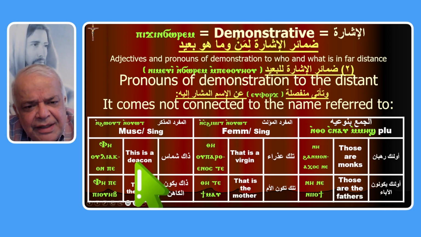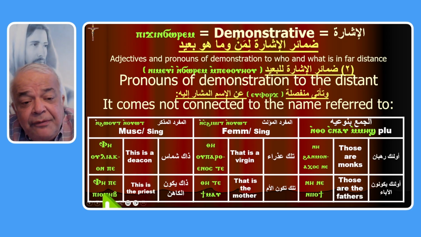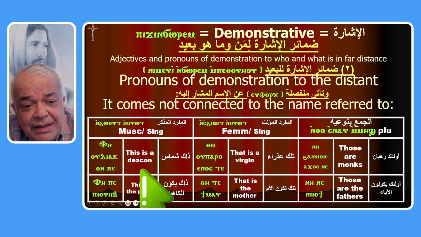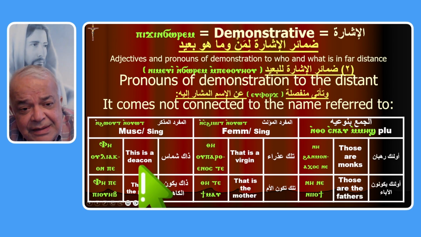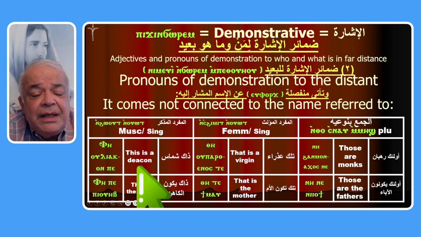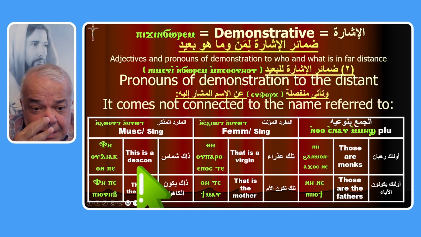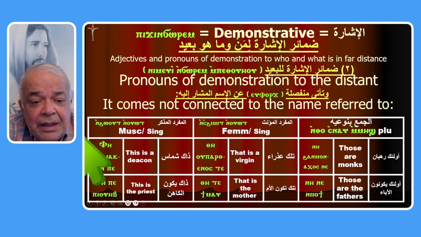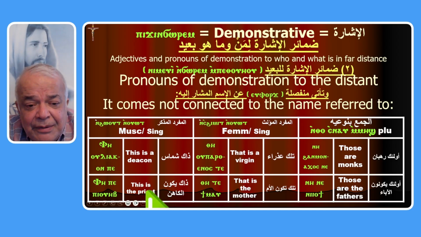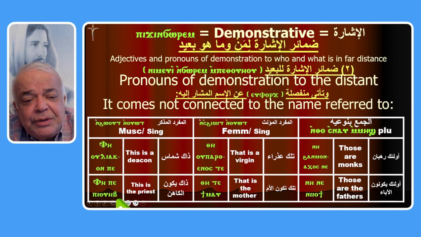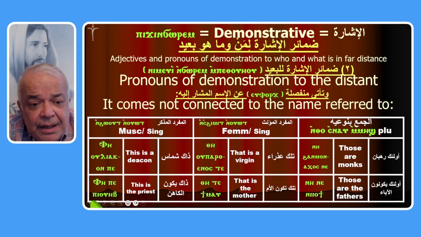Nakra or indefinite. Now, if I know the person, like he is known to me, and despite the fact he is far away, but he is the only person in that shape or that description, then I can put it in the definite form here. Fi, pe, o weep. The priest. I know the priest.